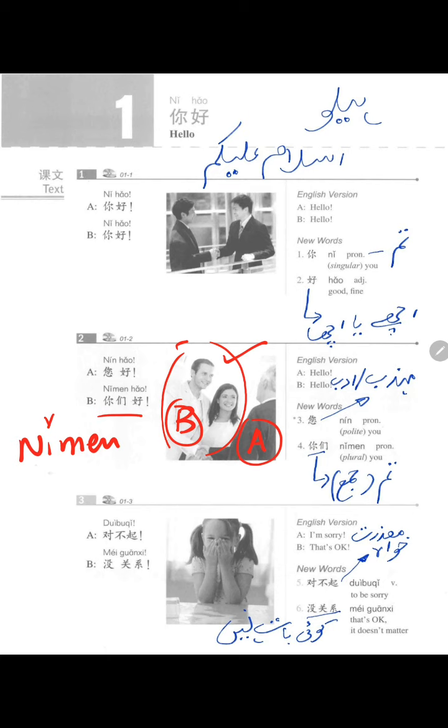Ni man means you both. It is to address two people or more than two people. So you can say ni man. And if you're using it with the rules of ni man hao, we will write it like this.